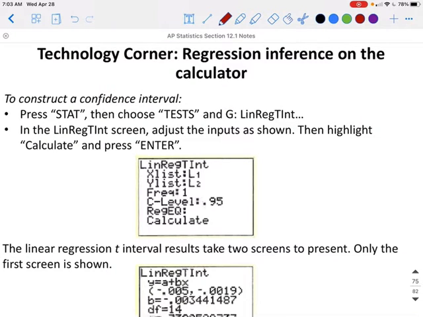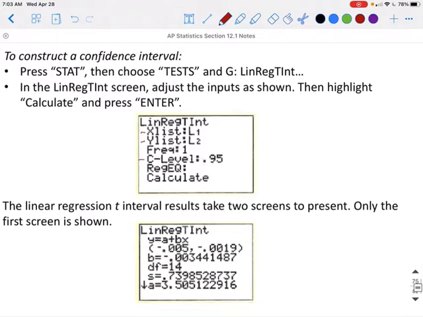To construct a confidence interval, you would hit Stat, go over to Test, and select option G, which is Linear Regression T-Interval. In the Linear Regression T-Interval screen, make sure you adjust it so that X list is list 1, Y list is list 2, and change your C level, your confidence level, and then you can calculate.